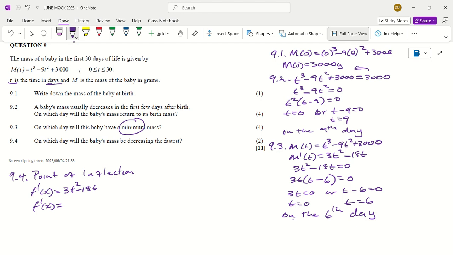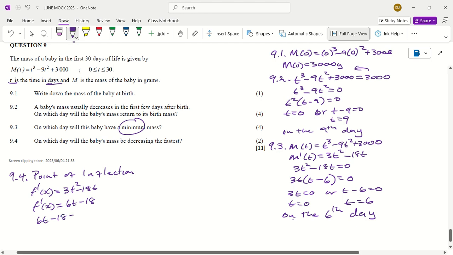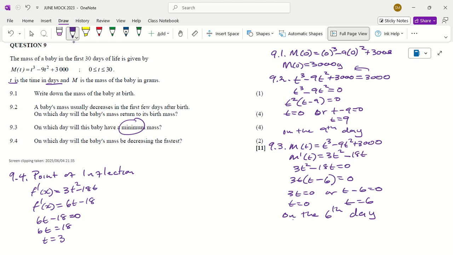So now the second derivative is going to be 6t minus 18, and then we make 6t minus 18 equal to 0. Then 6t is equal to 18, then t is equal to 3. So on the third day, the mass of the baby is going to decrease the fastest, which is the point of inflection.